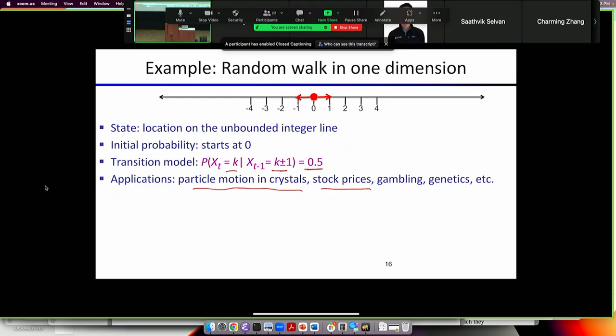Stock prices are often modeled as doing a random walk. So you want to know, okay, let's say I buy it at 12 and I say, I'll sell it when it gets to 20. How long until it gets to 20? Well, that's calculating the properties of a random walk, assuming you believe that it's really random, which is another matter. If you're gambling, then it's definitely a random walk. So you might say, okay, I start out with $1,000, I put it in the slot machine.